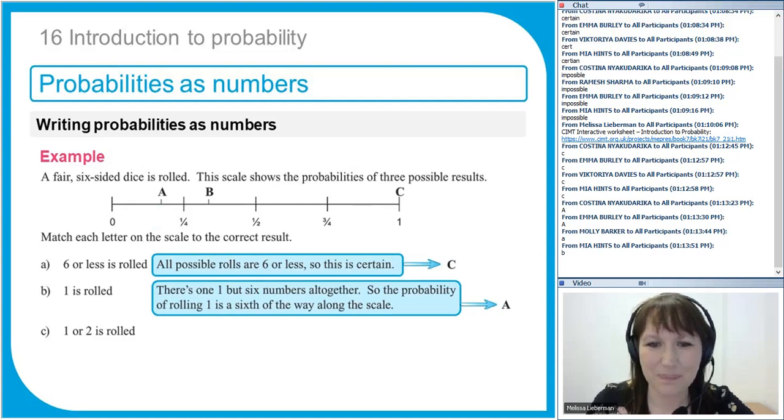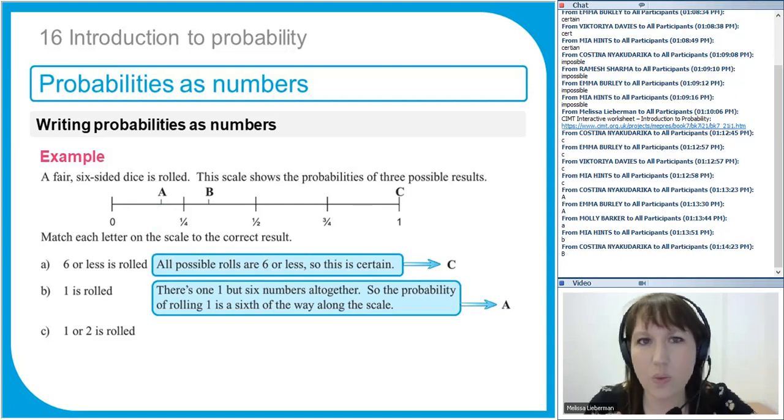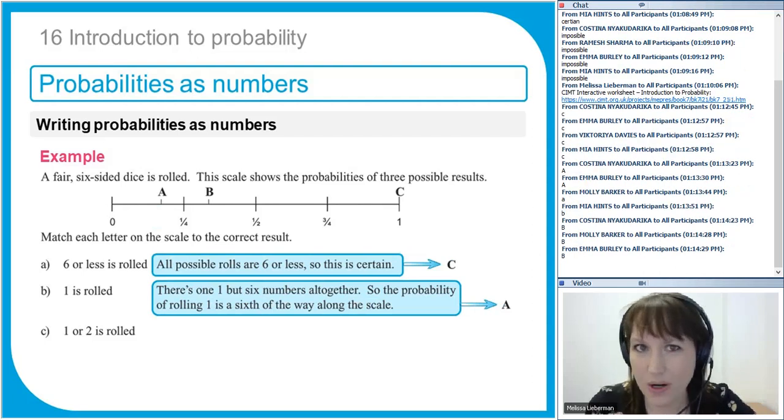1/6. And then the last one, what's the probability of getting a 1 or a 2? We can either get a 1 or a 2, or a 3, 4, 5 or 6. So there are 2 numbers out of the 6 that are a 1 or a 2. 2 out of 6, you could write it as 2 over 6, that would be fine, but usually you cancel it down.